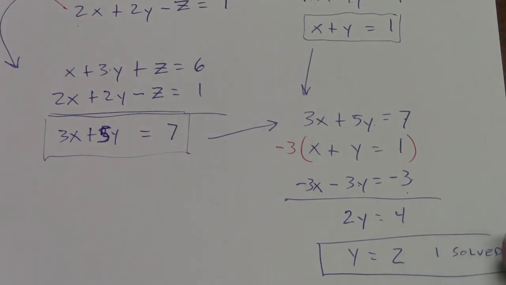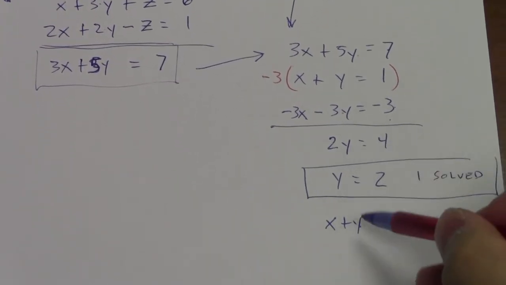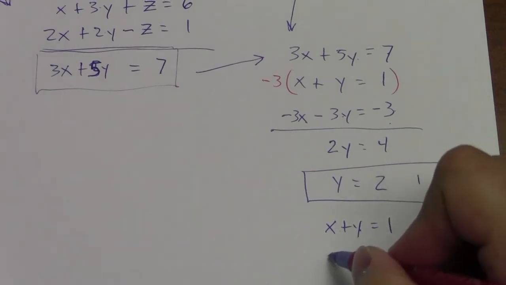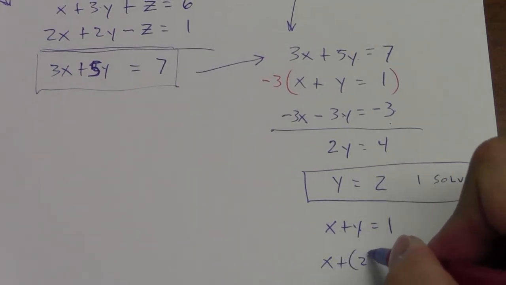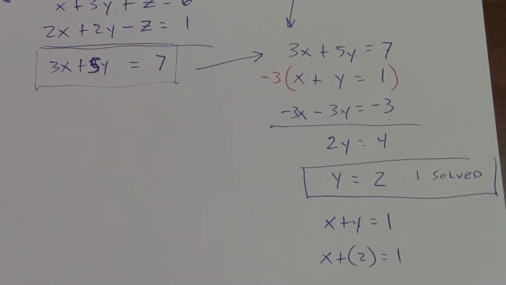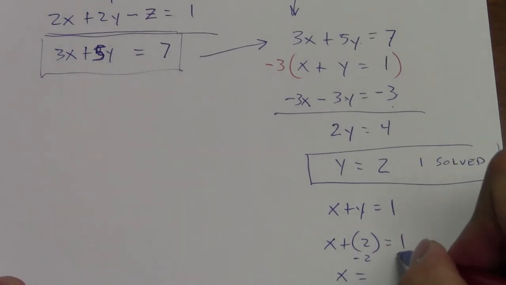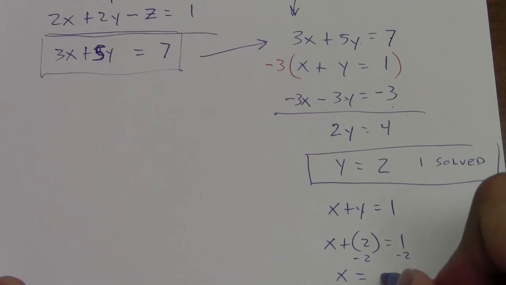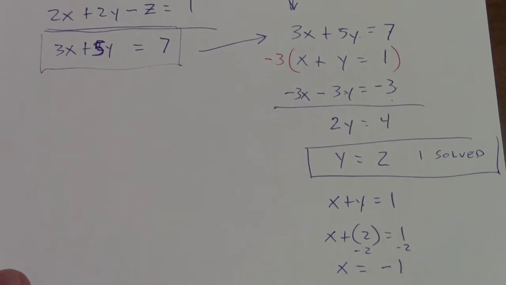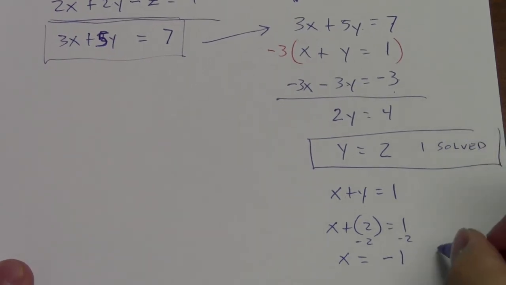I already know y is equal to 2, so I'm going to say x plus 2 equals 1. All right. I'm going to subtract a 2 on both sides, so x equals -1. All right. So there's 2. That's the second.